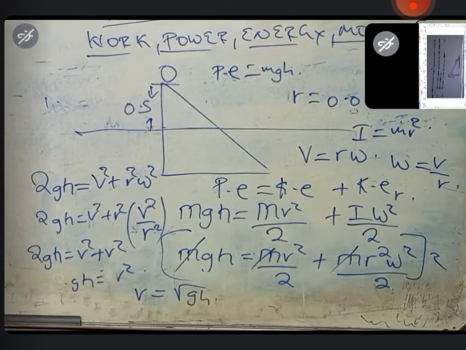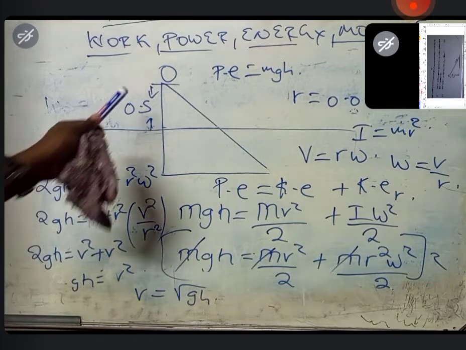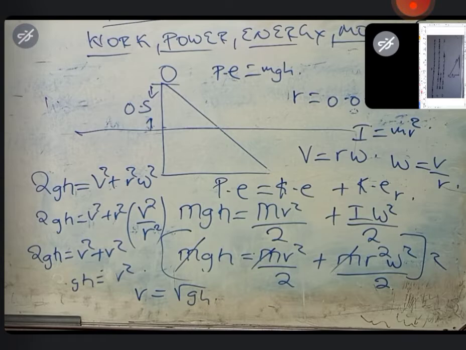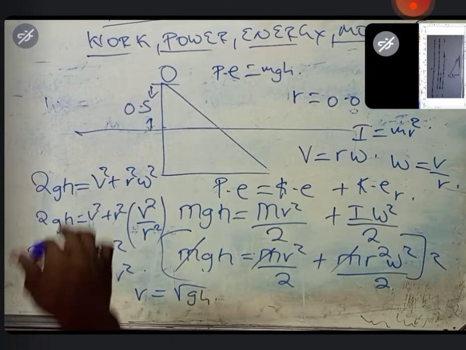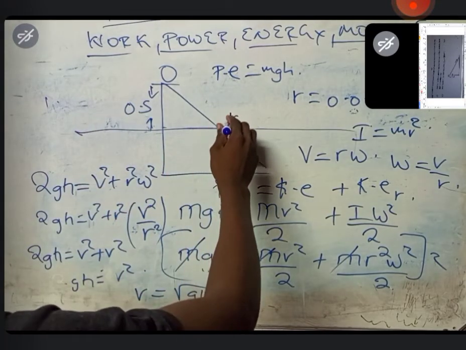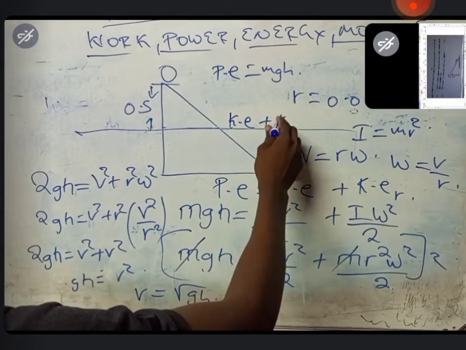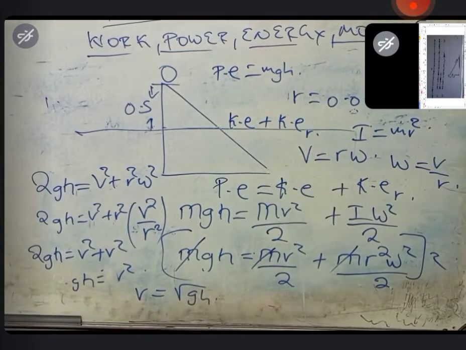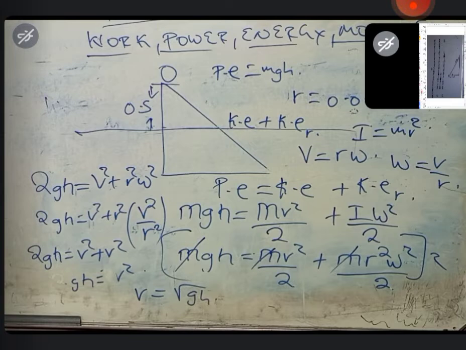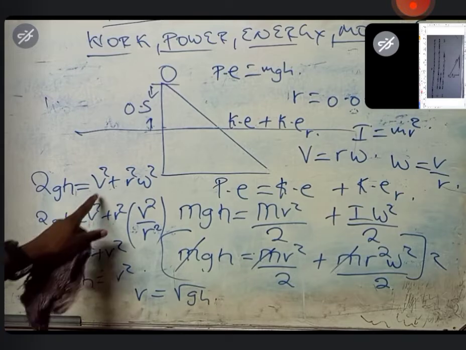Are there any questions? What is important is for you to understand that at the highest point, the ball possesses potential energy. Then as it moves down, it possesses kinetic energy and rotational kinetic energy. In a case where we've been asked how fast it is rotating, where there is v there, you put this.